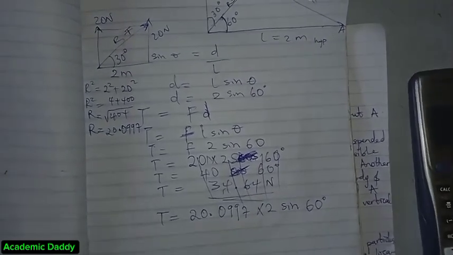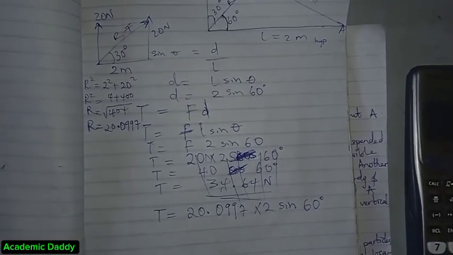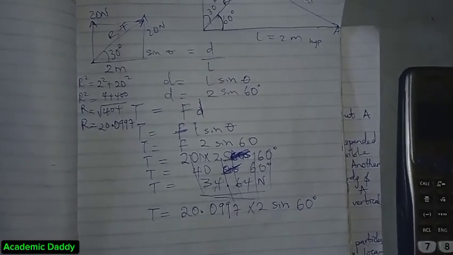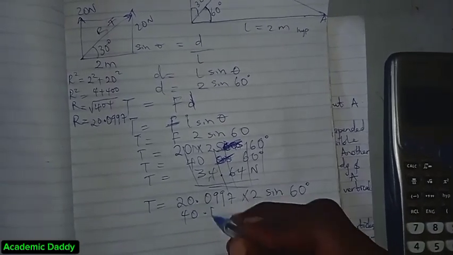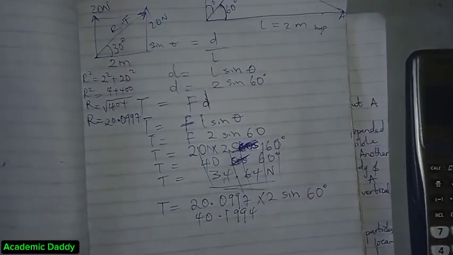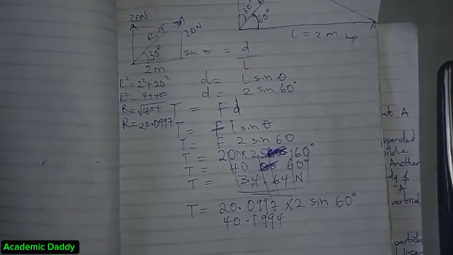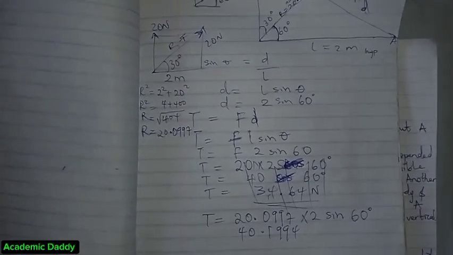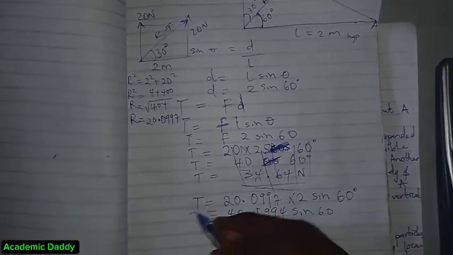So that this becomes 20.0997 times 2. So we have 40.1994 sine 60.